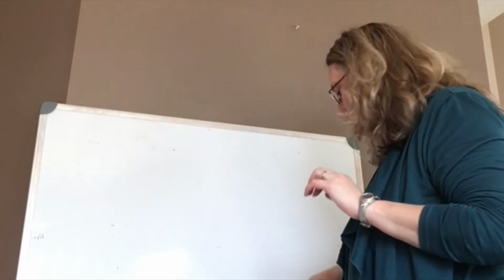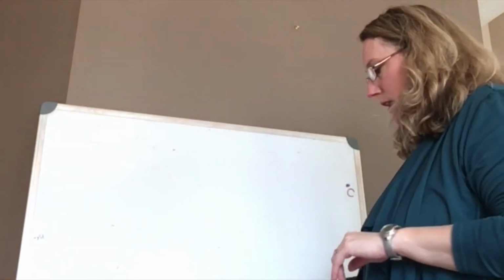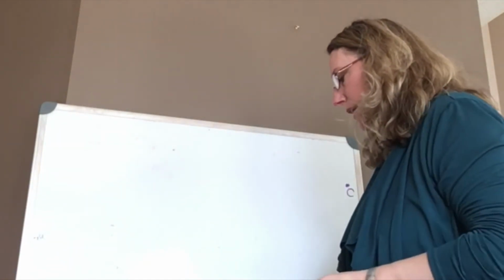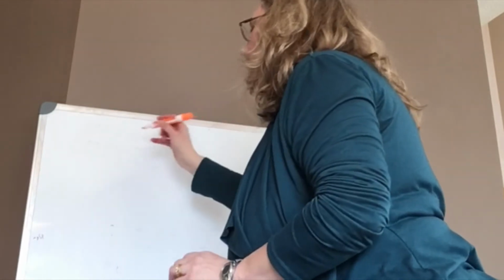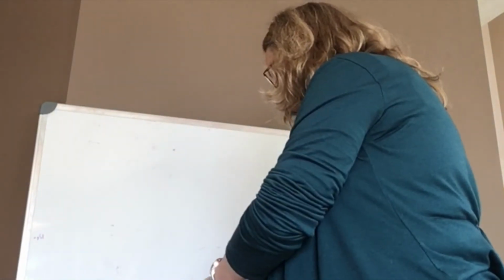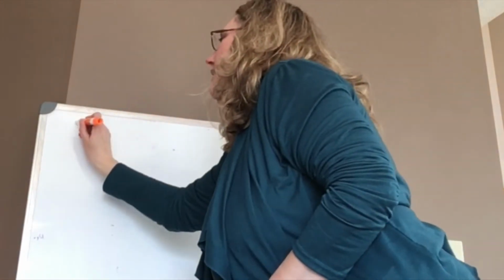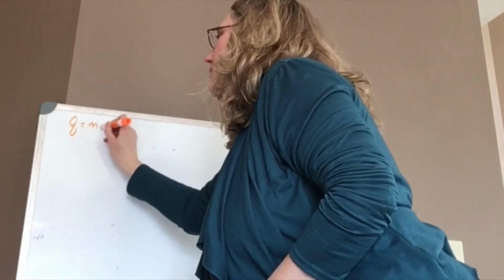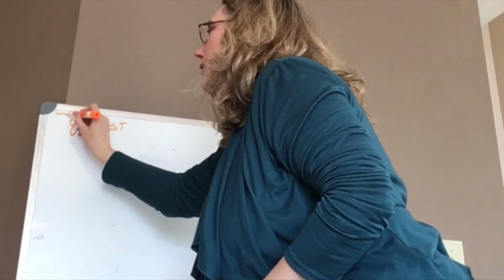A chemical reaction is carried out in a 5-gram calorimeter. The calorimeter has a specific heat. Okay, so now just remember, you're going to have a Q equals MC delta T for the water.